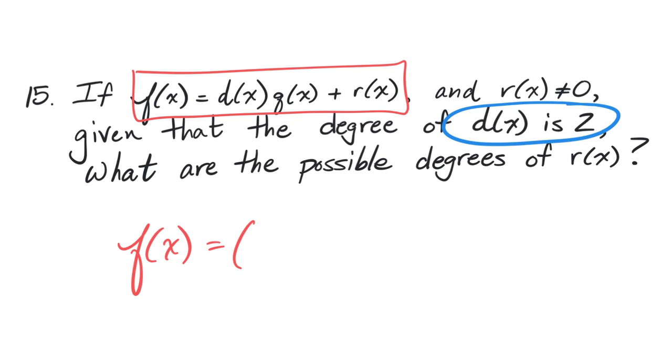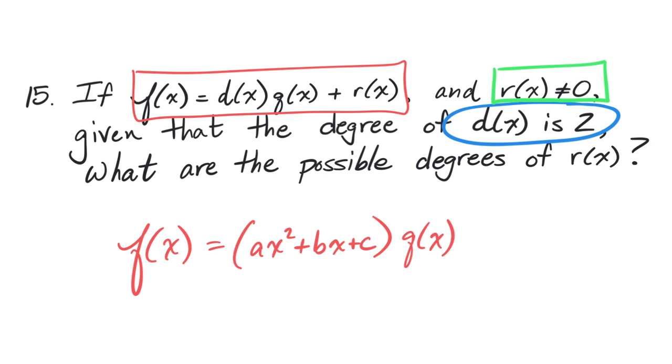So let me just write in the most generic quadratic divisor. I don't really know what q of x is, the answer I get when I divide. But the problem tells me the remainder does not equal 0, so I have something down here.